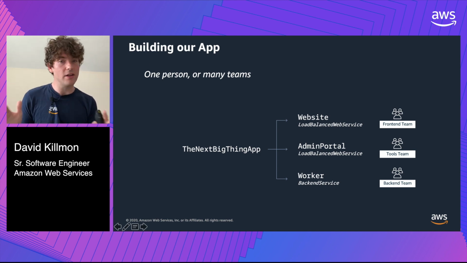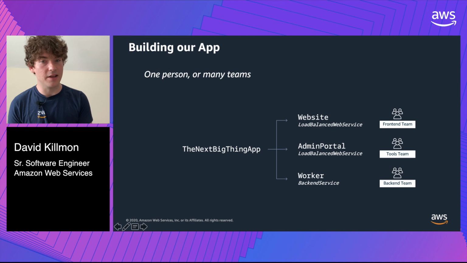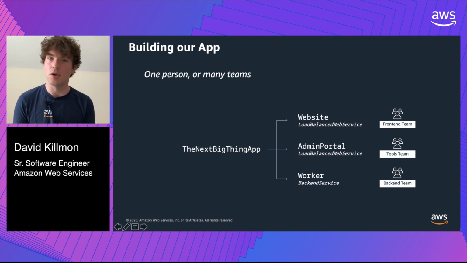It's totally up to you how you want to organize your team, but the point is that AWS Copilot will meet you where you architect your teams. The only requirement is that these different folks have access to the same AWS account that your Copilot application was created in. Then they can add their own services to the application, deploy them, and scale them totally independently.